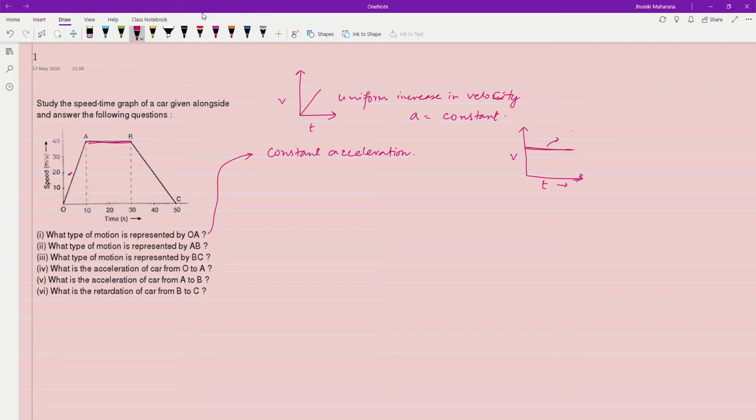Here we have a constant velocity, and whenever we have a constant velocity, then acceleration is equal to 0 as slope is equal to 0. So here what is represented by AB? Then AB represents 0 acceleration.